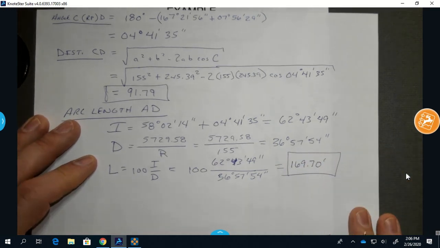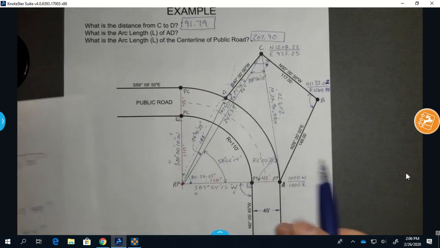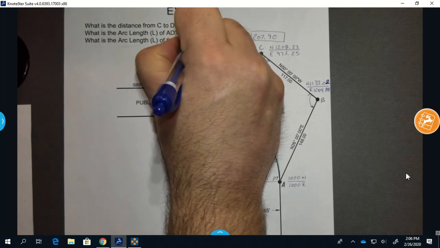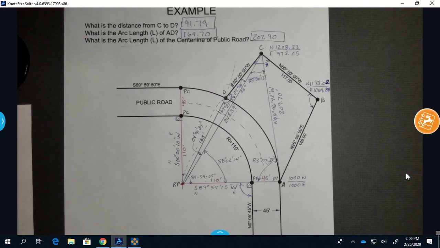All right, we just solved there for the arc length of AD. It's 169.70. There we go.